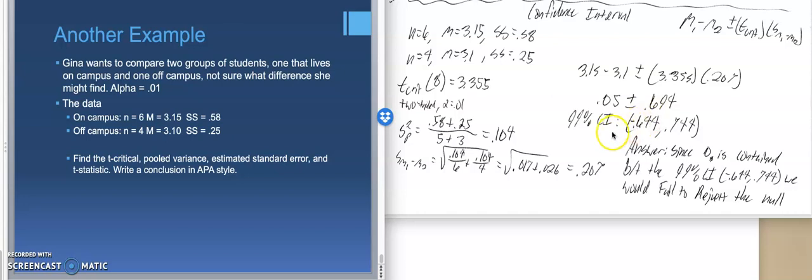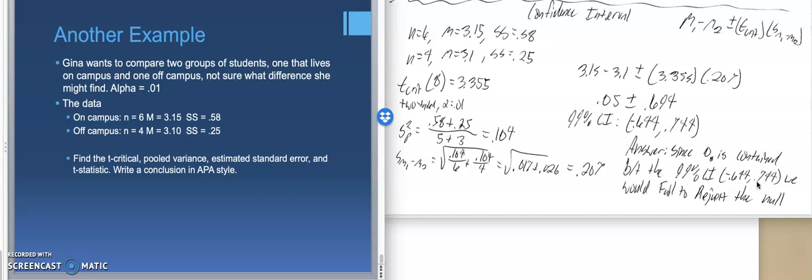We do our math, our 99% confidence interval. Negative 0.644, comma, 0.744. Is 0 contained? Yes. So we say since 0 is contained between the 99% confidence interval of negative 0.644 to 0.744, we would fail to reject the null.